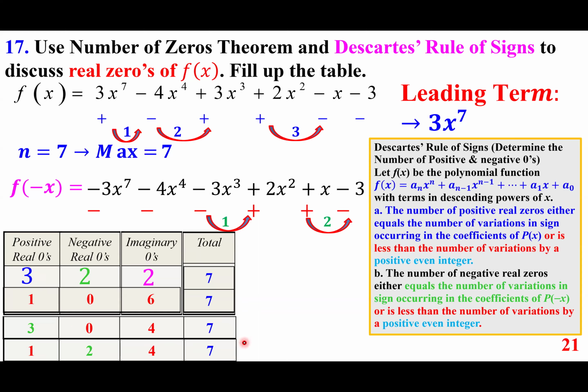The total of 7 does not change, everybody. And here's what's important. Imaginary zeros are in the form of a plus minus bi, must occur in pairs: 2, 6, 4, 4. So that's how you figure out the sign, positive or negative.